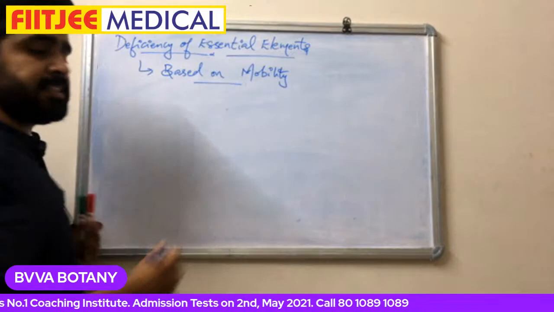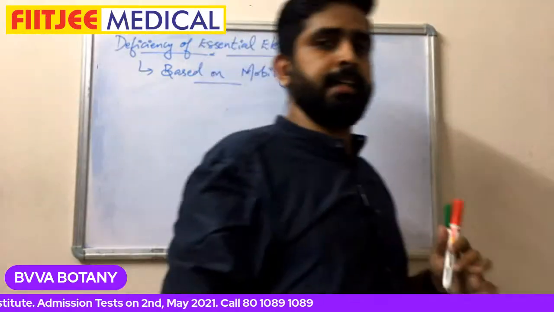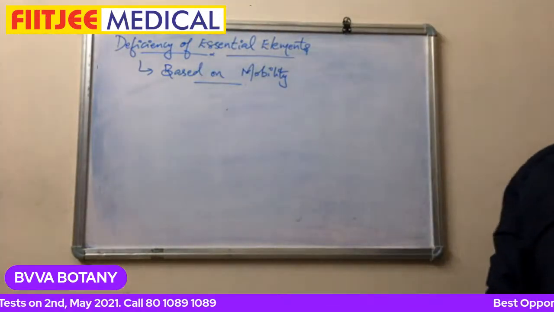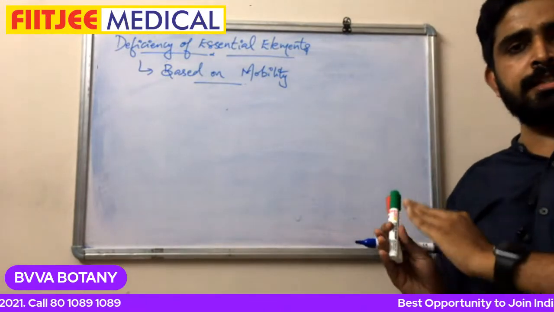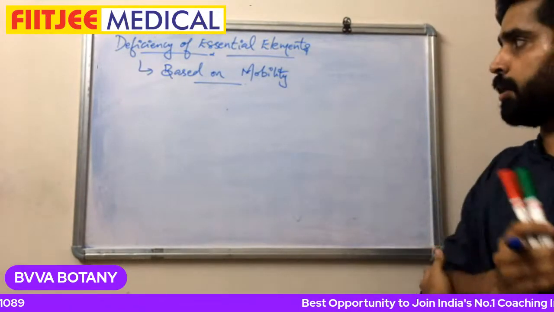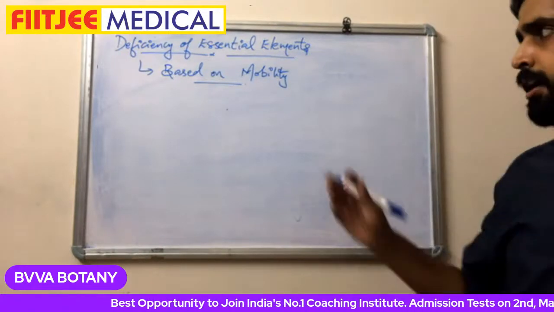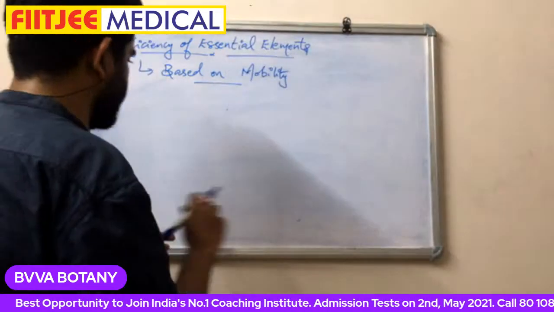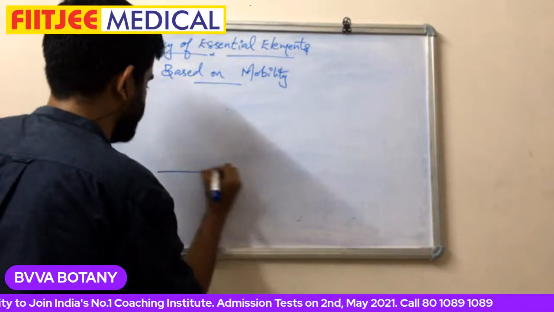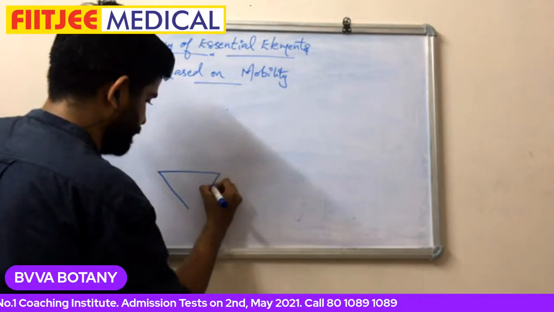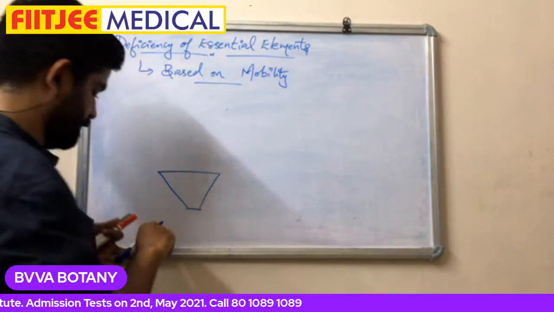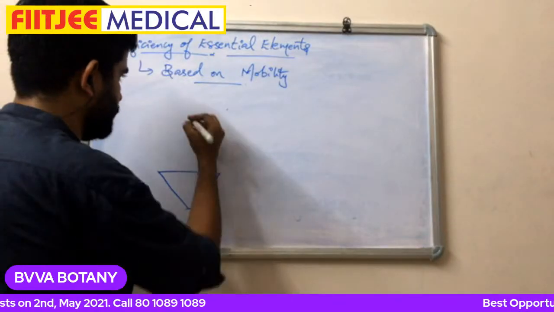Previously we have taken types of essential elements based on mobility, right? We have some elements capable of moving, known as mobile elements, and those without that ability, immobile elements. I'll explain it with a diagram, taking a potted plant.